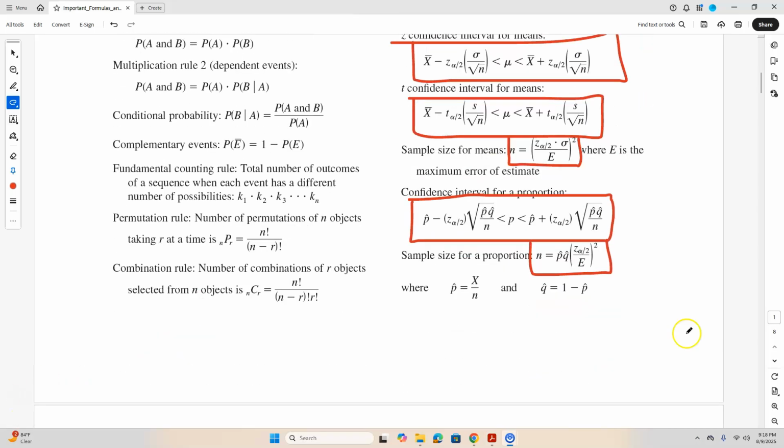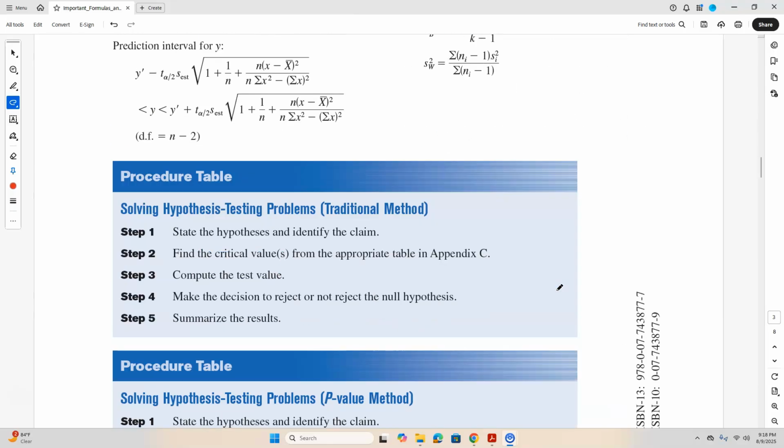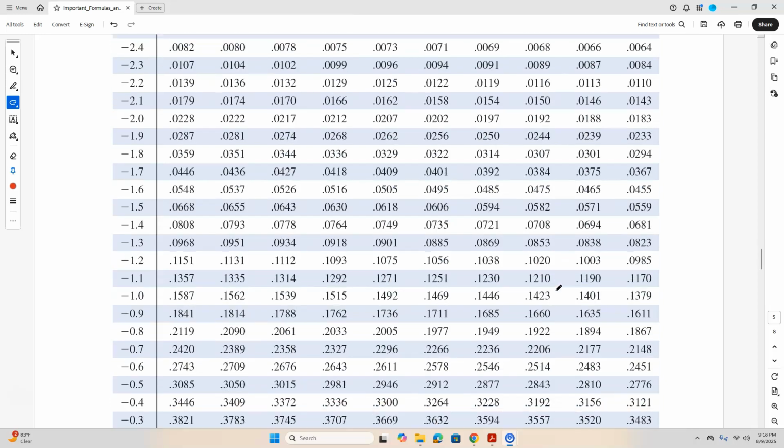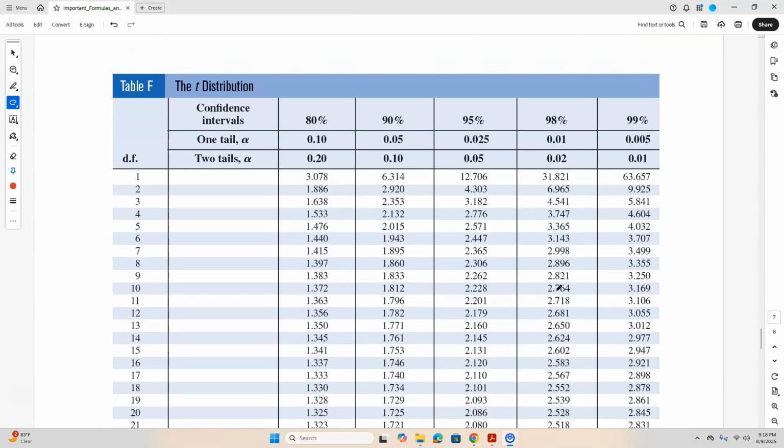Okay, so back to our t-table and back to our problems at hand. Here's our t-table.